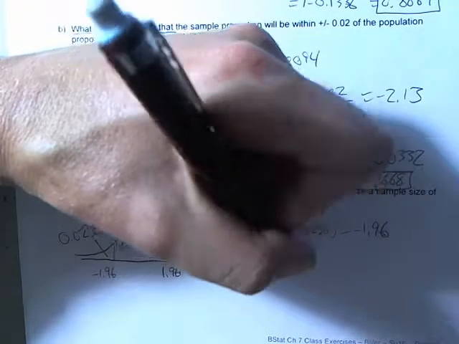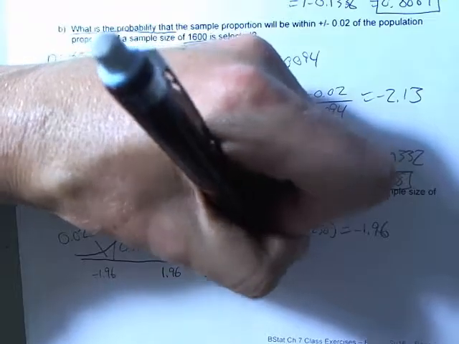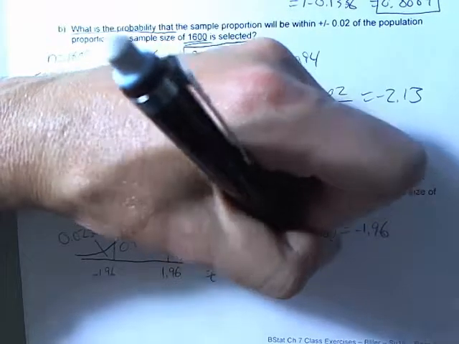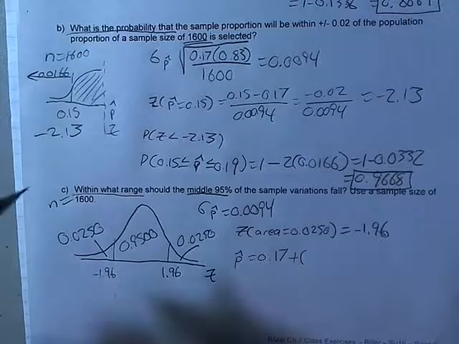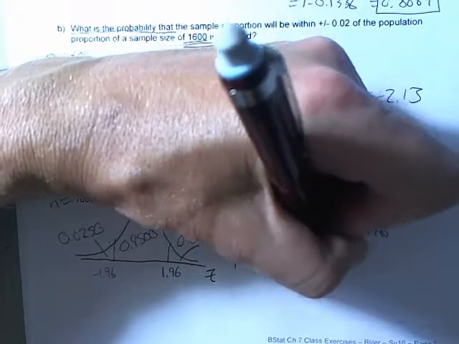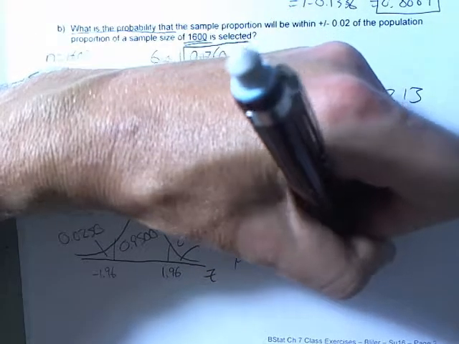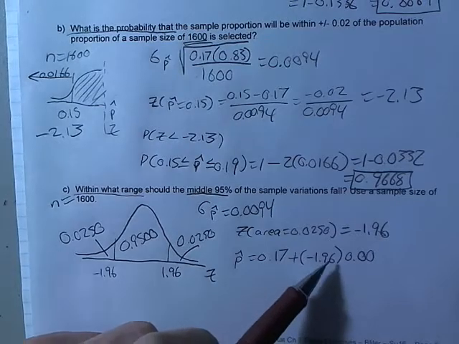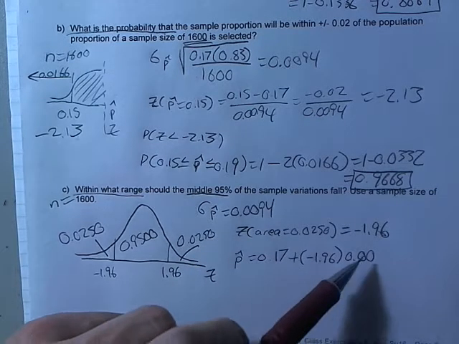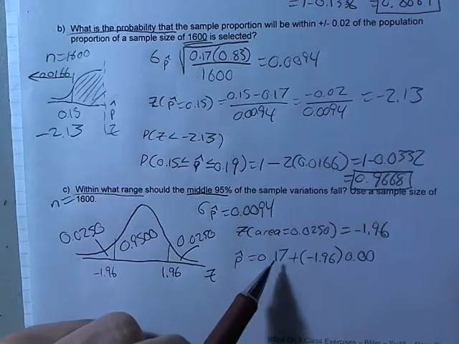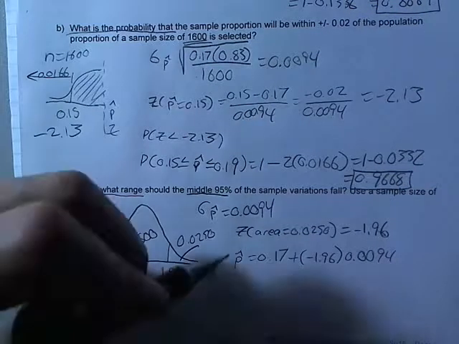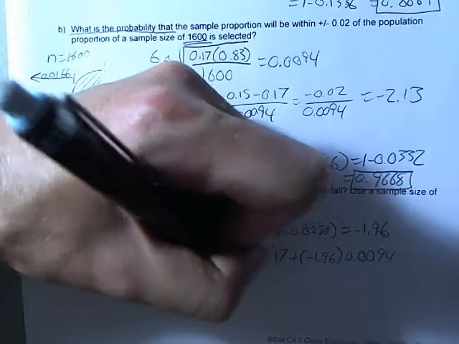So p-hat is equal to the mean value, 17%, plus, for the lower boundary, a z-value of negative 1.96. What that says is that the value we want is exactly 1.96 standard errors below this mean value. So I'm going to rewrite this just a little bit.